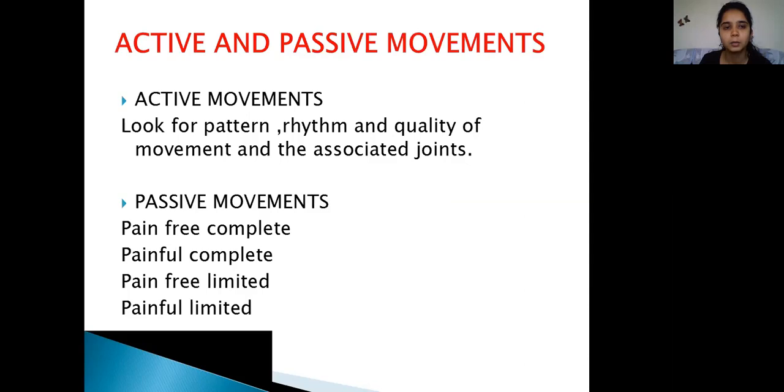Now, coming to the active and passive movements. Active movements are done for the contractile structures, as we know. So one should look for the pattern, the rhythm, quality of movement, and the associated joints. Now, the passive movements will include pain-free complete, painful complete, pain-free limited, and painful limited.